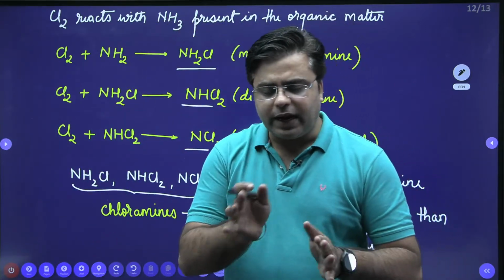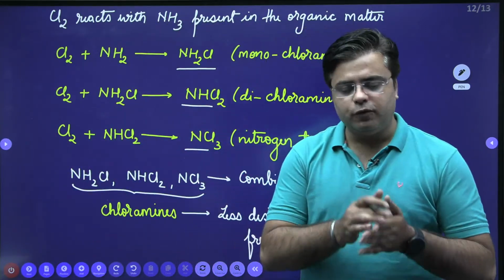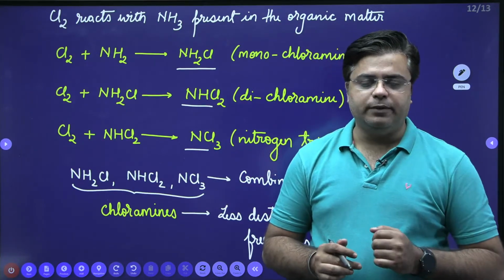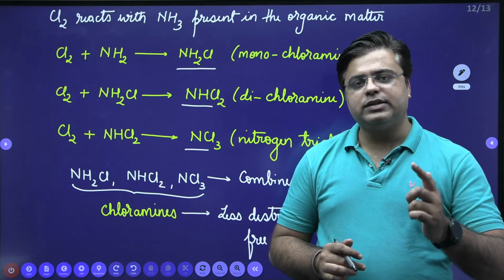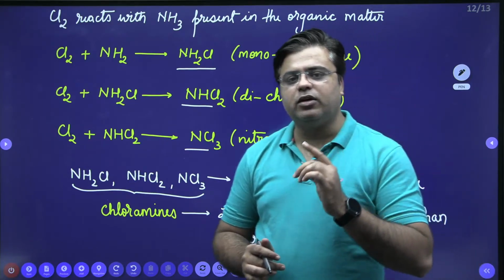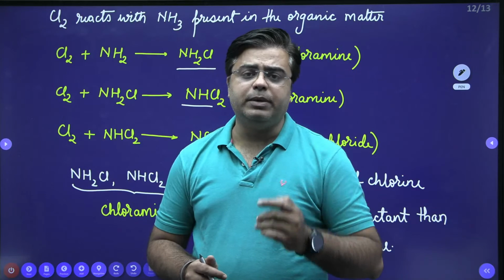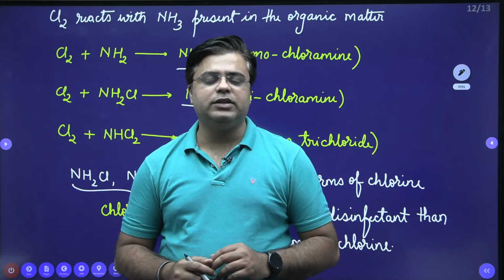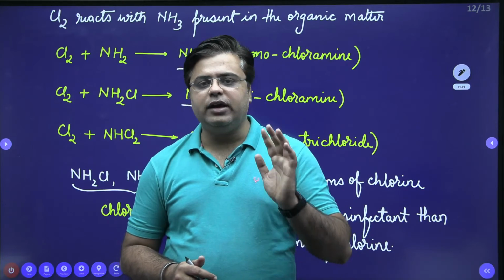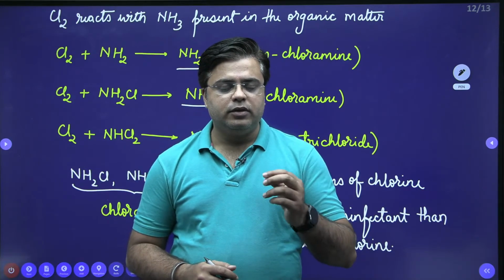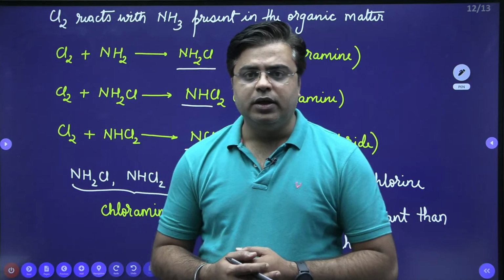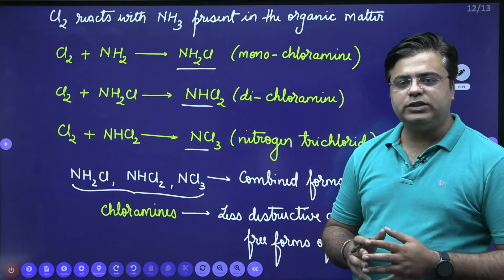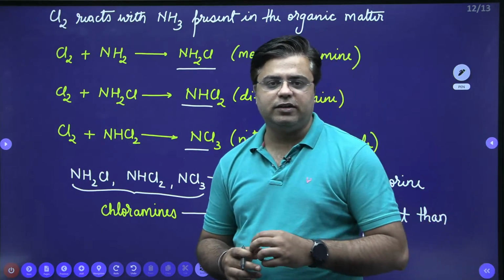So when you are adding chlorine to the water sample, first of all, chlorine is forming free forms of chlorine. Next, chlorine is combining with the ammonia present in the organic matter to form chloramines. These chloramines are less destructive disinfectants, although they can carry out the disinfection for the water sample, right? So whenever you are adding chlorine, there are 6 forms through which chlorine is carrying out the disinfection.